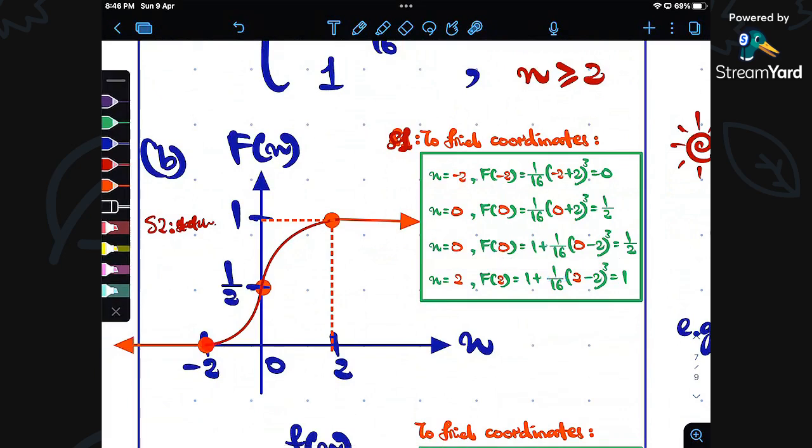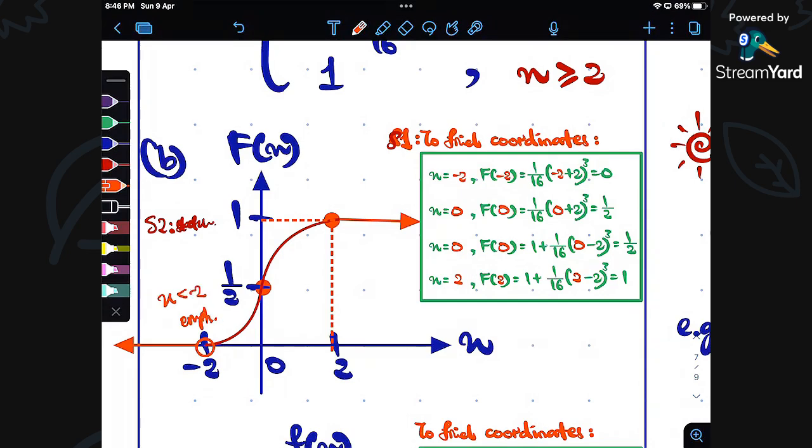Originally it's a dense circle. No, not a dense circle, it's an empty circle originally. Originally it is an empty circle, following the condition x less than -2.